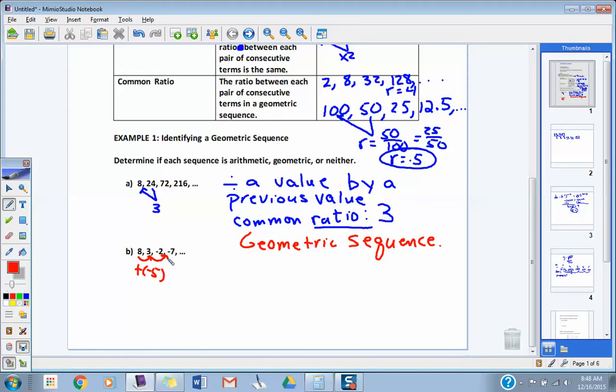So guys, rather than calling this something that's division of a value by a previous value, if I add a value to a previous value to get the new one, you have what's called a common difference.